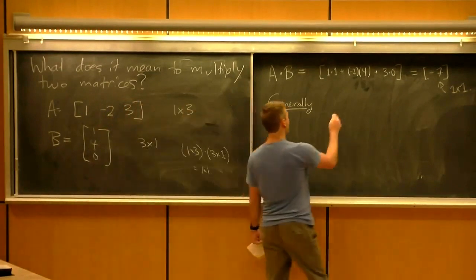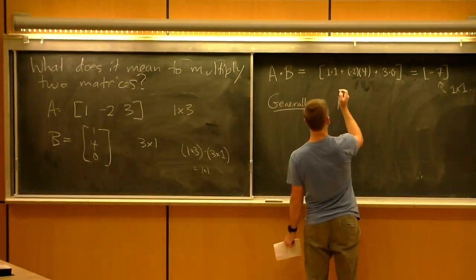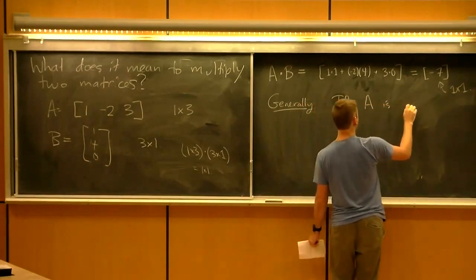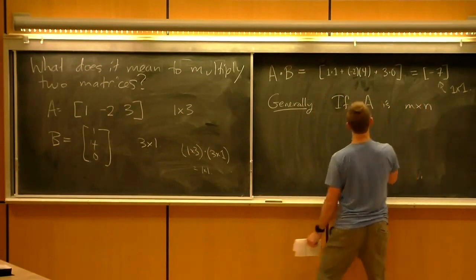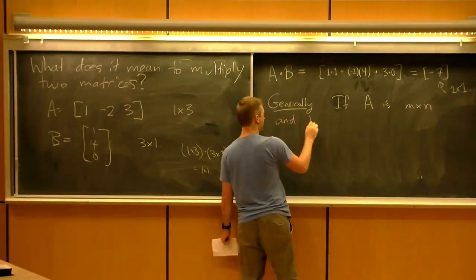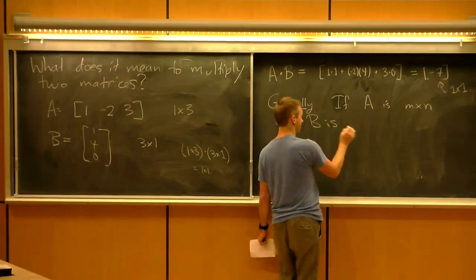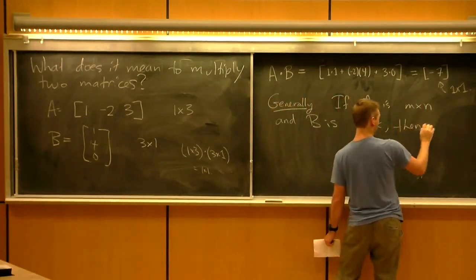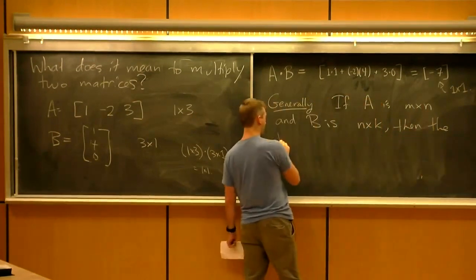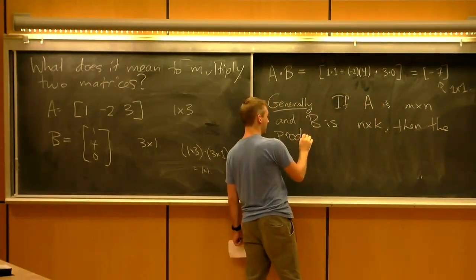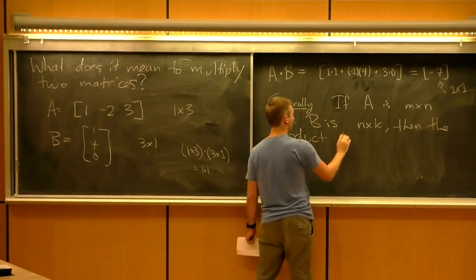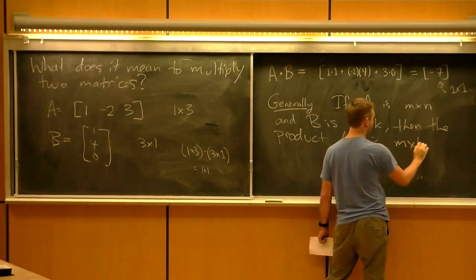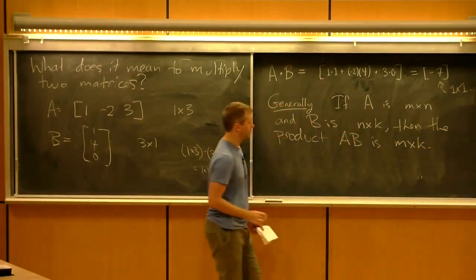So if A is, let's say, m by n, and B is n by k, then the product A times B is m by k. Okay?